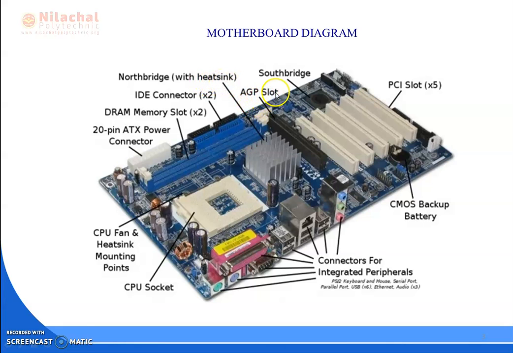We have an AGP slot too, we have PCI slots, we have the BIOS and CMOS chip, we have connectors for integrated peripherals. So this is the overall diagram of a motherboard. Now we will discuss what these parts are and how these parts work.